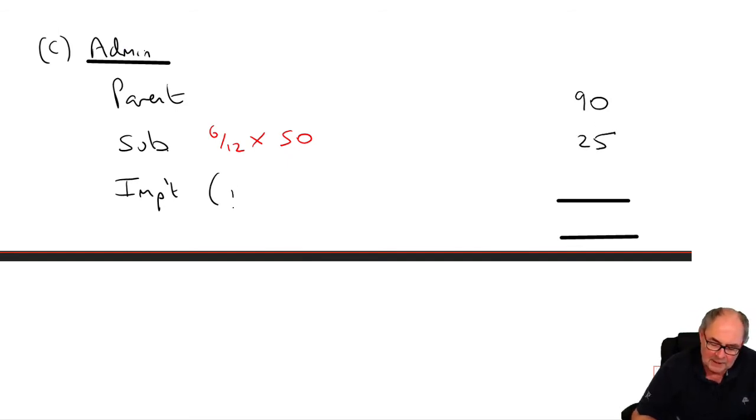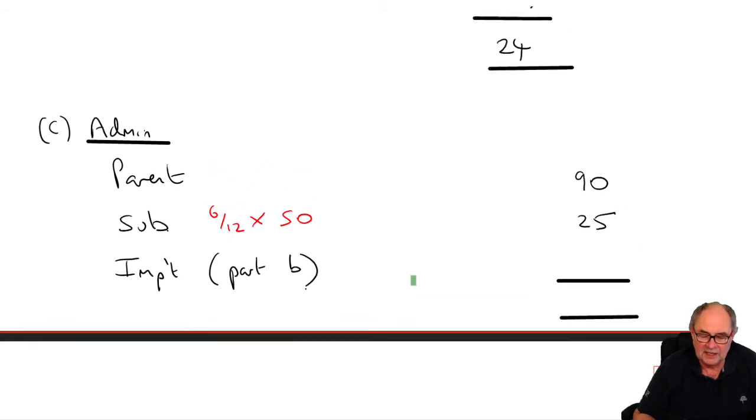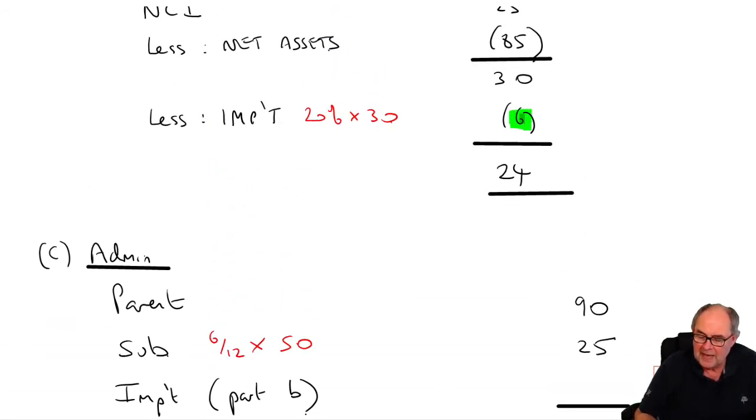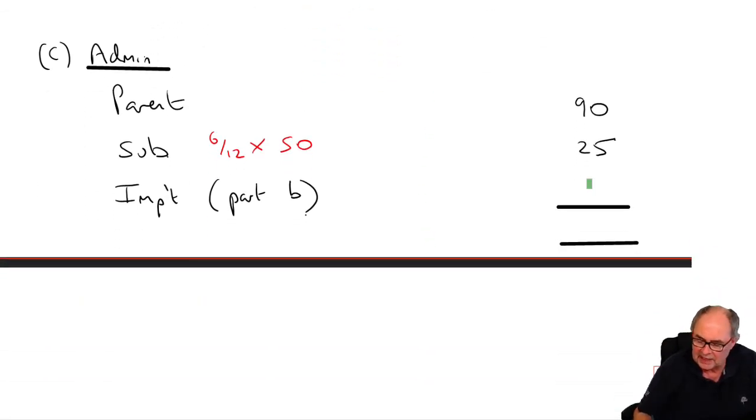The impairment is upstairs in the goodwill. So if I look back in the goodwill, the impairment was 6. Debit admin expenses, credit goodwill with 6. So that would give me 121.